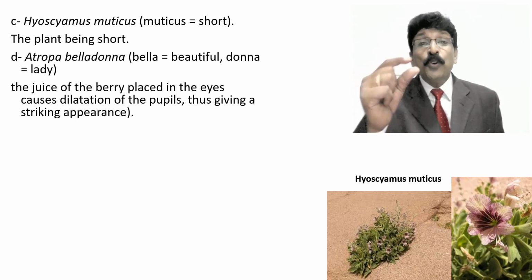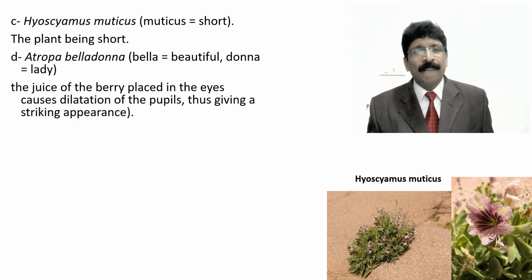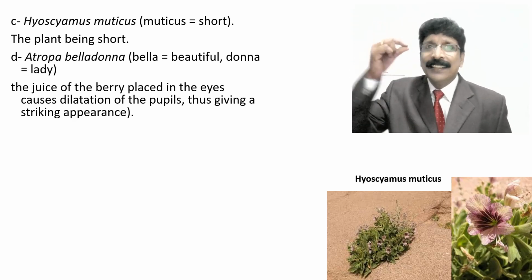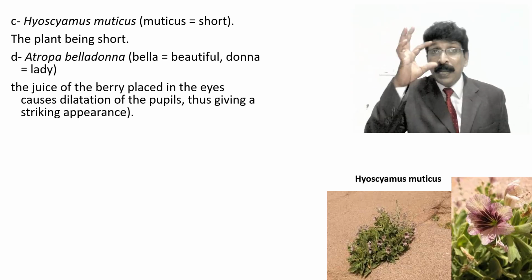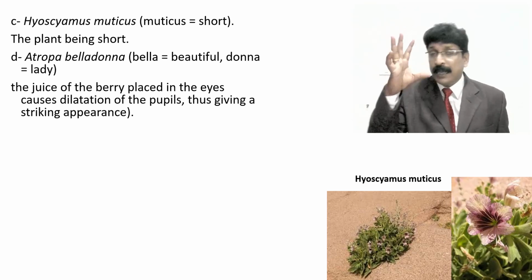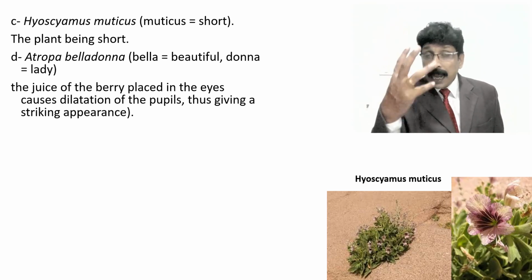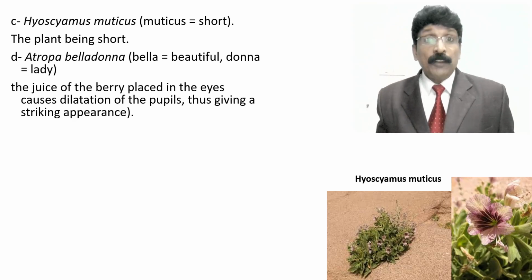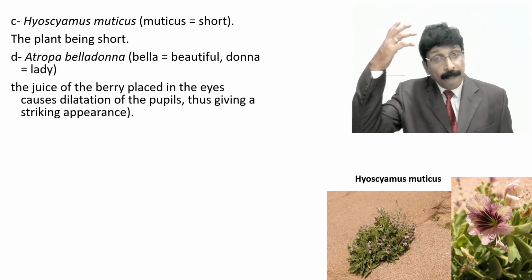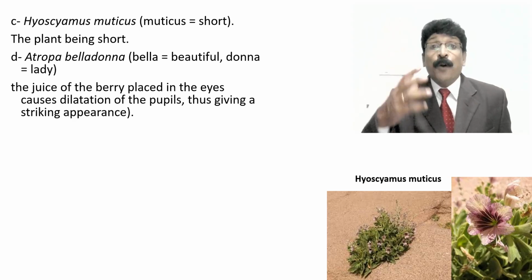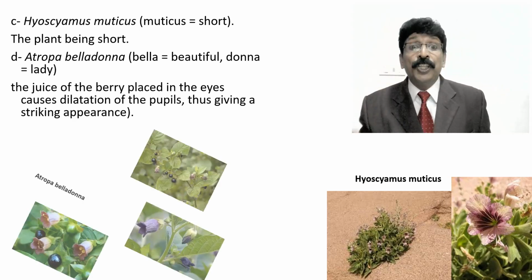It was used by Egyptian females to pour in their eyes and make their eye pupils dilated. When the pupil is dilated, it looks different, it looks attractive for the face. Long back in BC, they were using this for making themselves attractive in Egypt.